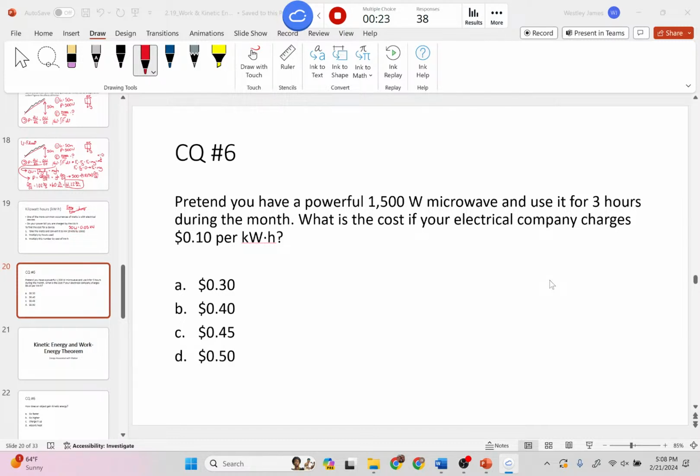So remember the steps. Convert watts to kilowatts. Multiply it by the hours. So it's basically kilowatts, however many that is, times hours, times dollars per kilowatt hour.